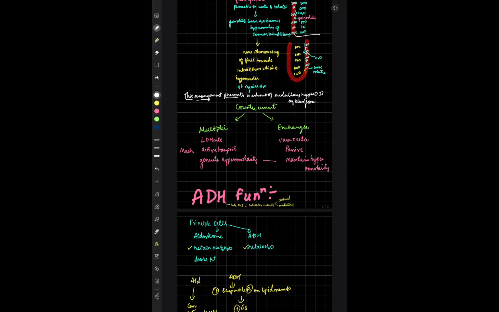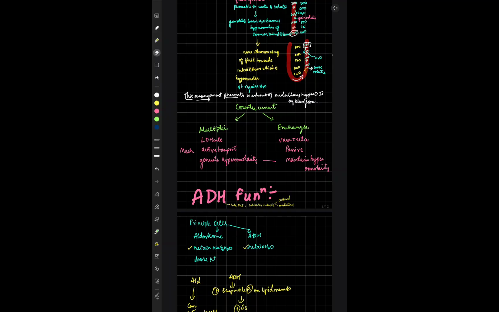If this part were directly connected to the vein, the solutes would have been lost completely. But since it is arranged in a U-shaped pattern, the solutes are lost and water is gained back, and the blood with a similar osmolarity of 300 is connected to the veins, right?